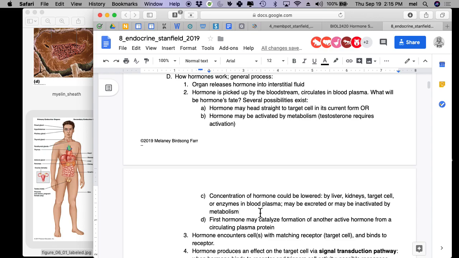No, you want to fix what's going on with the liver. If your liver was under metabolizing, it would look like you had too much of the hormone, right? But you don't want to treat that before you treat the liver. Same thing with the kidneys. Some of your hormones are cleared out by the kidneys. Kidney problems, hormone problems. Does that make sense? So you definitely want to know what's going on all the way through. So it's excreted or inactivated by metabolism.